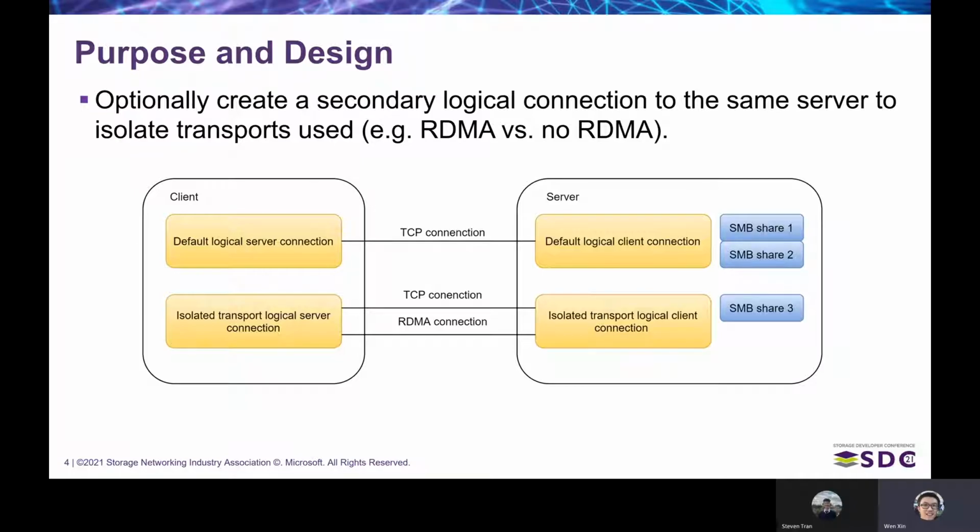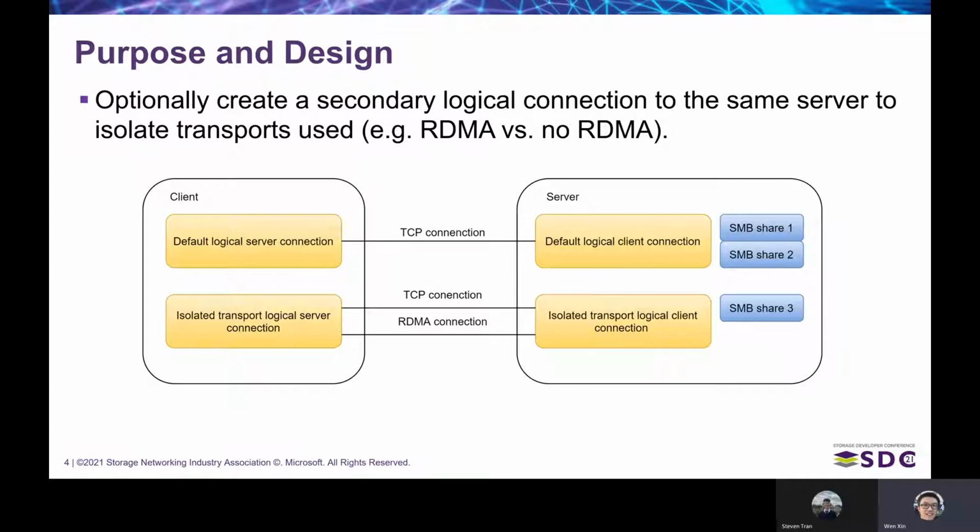You can specify on the server side when you create that share: I don't care what connection is used, so you'll be defaulted to the default logical connection. Or you could say, I want the client to try to use the isolated transport connection, because in our scenario I might want to utilize RDMA.